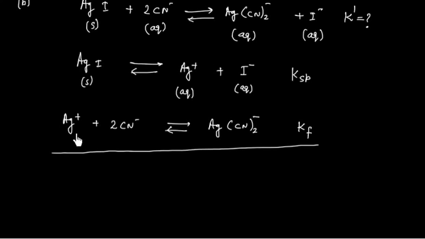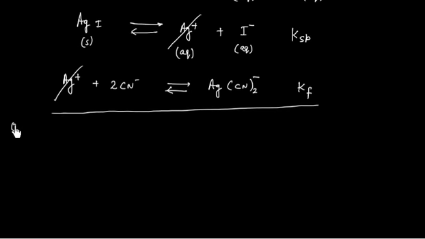In that case we can add these two equations. So Ag plus formed is the same as Ag plus used. So we can add these two equations to get the overall equation.